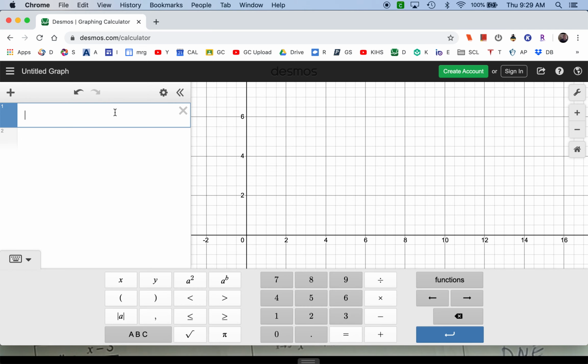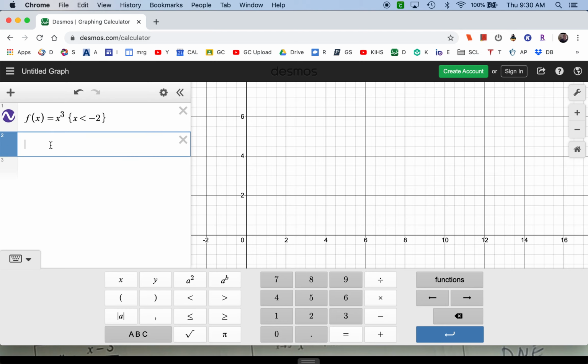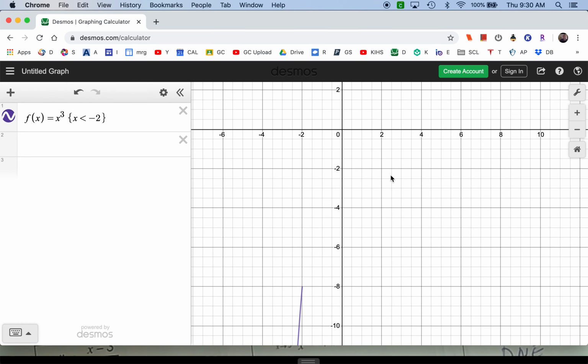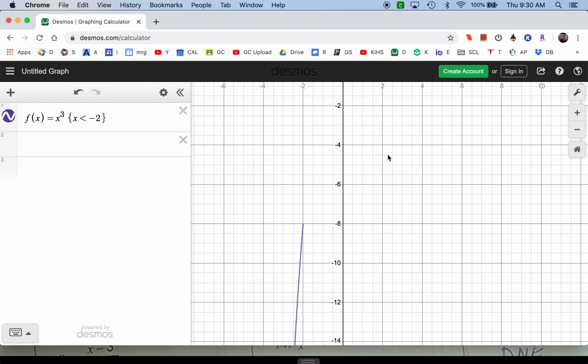Let's just go for it. So f at x equals, and we have x cubed. So I'm just going to do a domain restriction. I'm going to say that that's only true for when x is less than -2. So I'm going to type it in with 2 boxes. So there's 1. And you can see that it's hard to see it, but there it is off the graph.